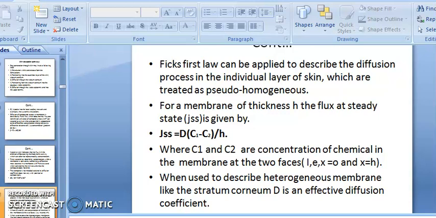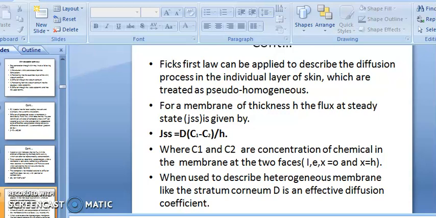Fick's first law can be applied to describe the diffusion process in the individual layers of skin, which are treated as a pseudo-homogeneous layer. For a membrane of thickness h, the flux at steady state, Jss, is given by D times (C1 minus C2) upon h, where C1 and C2 are the concentrations of chemical in the membrane at the two phases, that is at x equal to 0 and x equal to h.